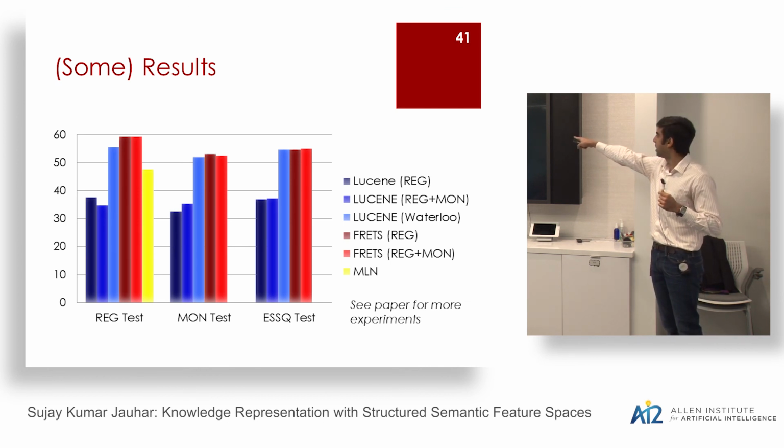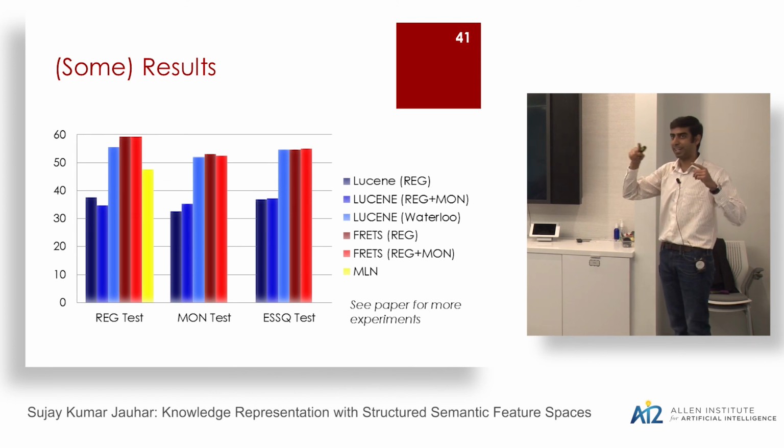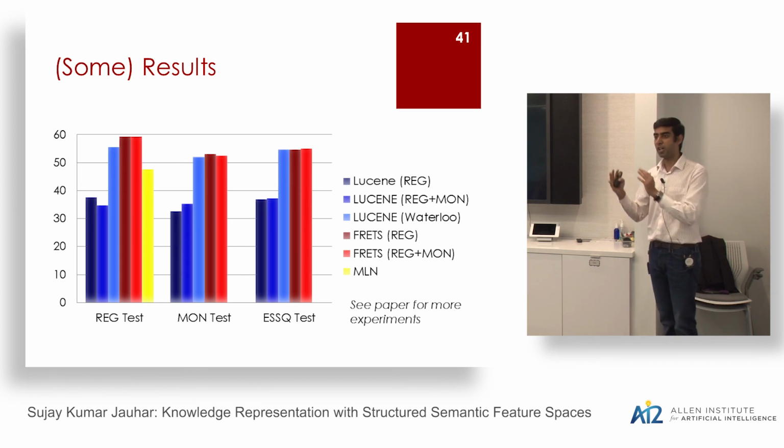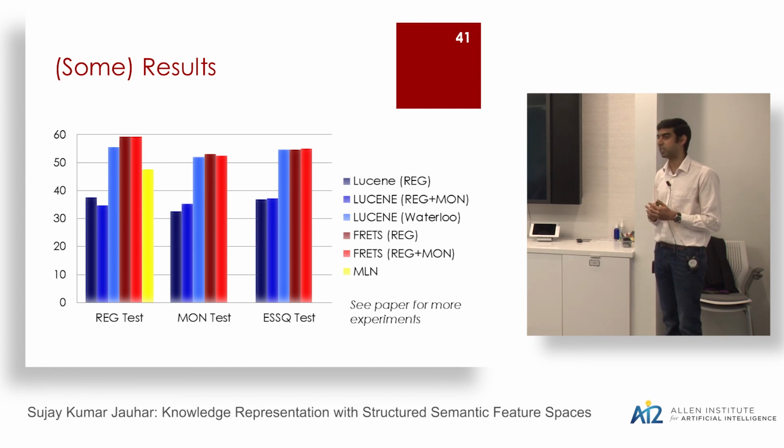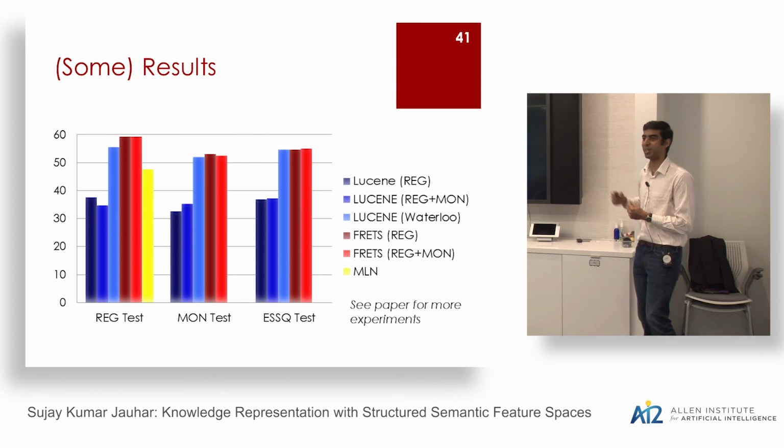The monarch tables are additional to the information that's already in regions, so it may have complementary information. If we only trained on the monarch tables and then used those to answer questions, one would expect the scores to be lower. It turns out they are not a lot lower, so we do learn some generalization over the structure of the tables. Yeah, that's a good point. Sorry, those results are not on the slides. It's in the paper.